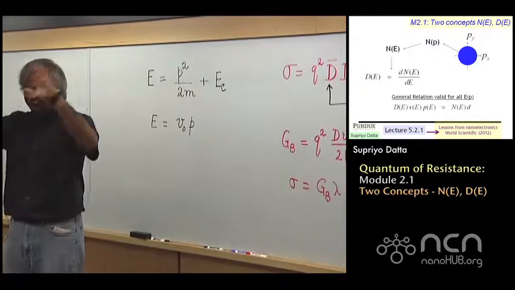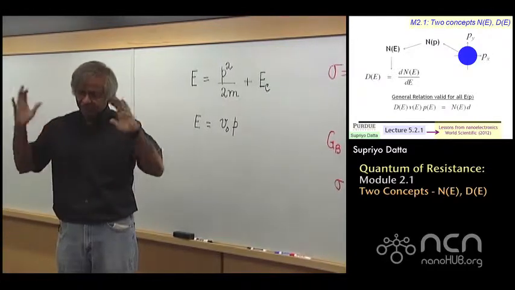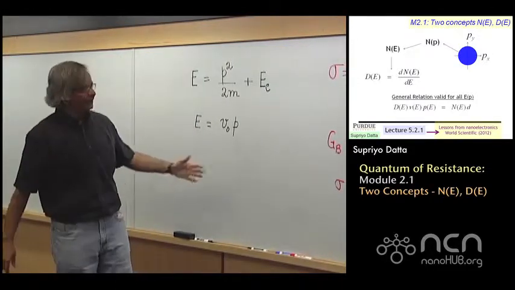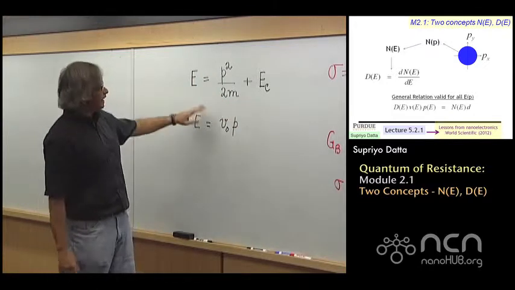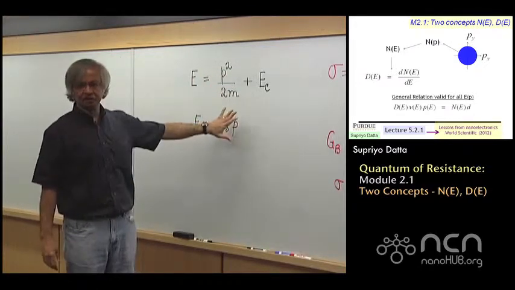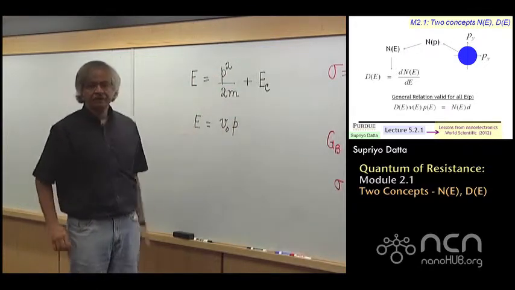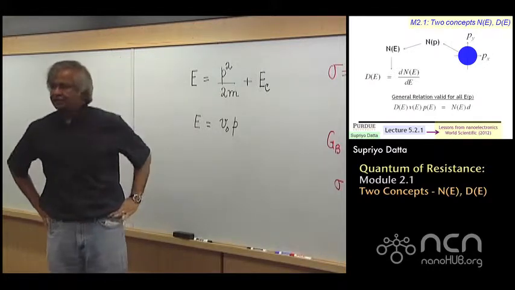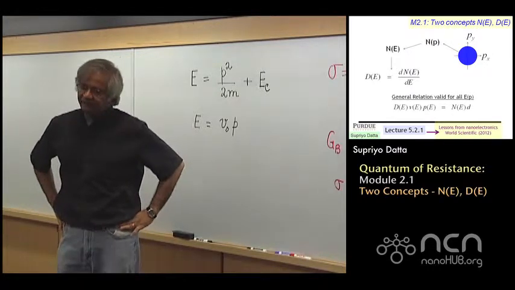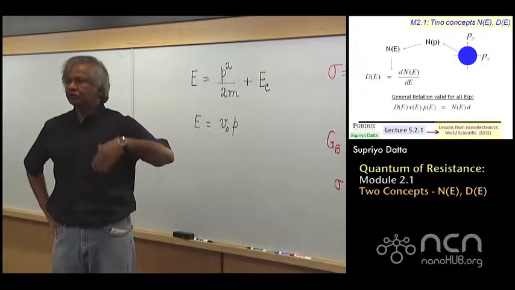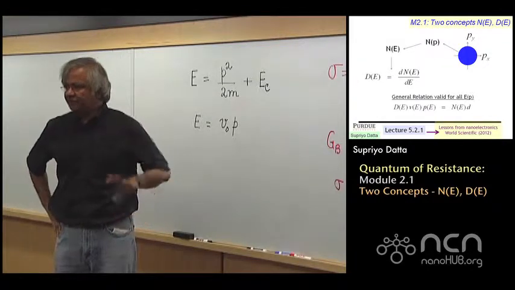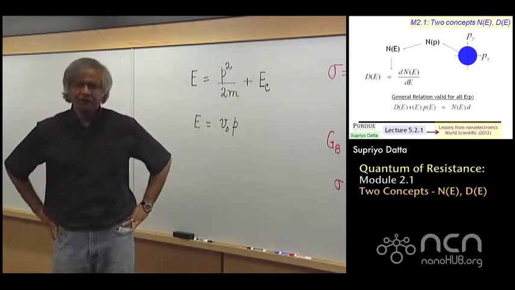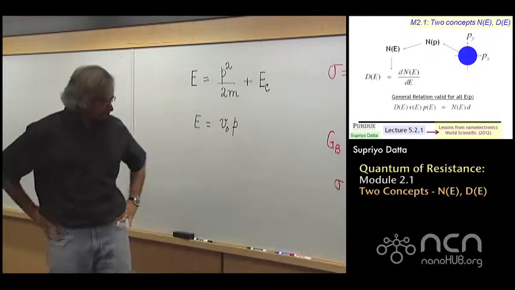So we'll say that, from various sources, experiments, theory, we know that in this material we have a certain energy-momentum relation, which could be this or this. And the question is, how do I obtain the density of states from a knowledge of this energy-momentum relation? That's basically what we'll be talking about this week.